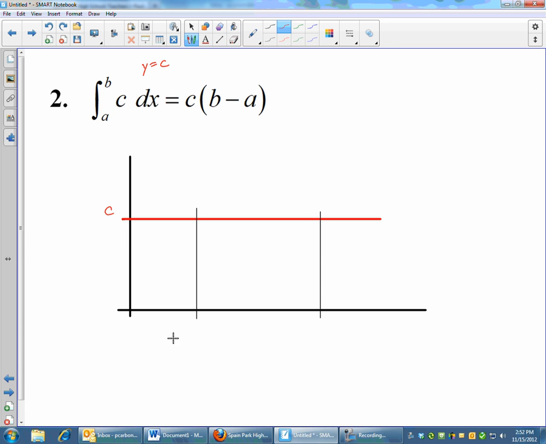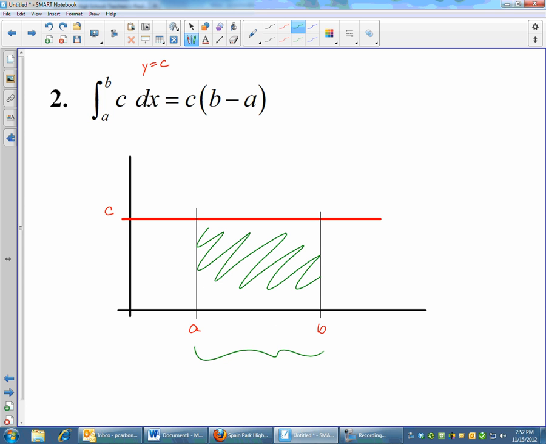Well, if you look at that area, all I've done is create a rectangle. If you want to find the rectangle's area, you multiply base times height. The height is c. The distance between a and b is simply b minus a. It's c times b minus a, because all you're doing is finding the area of a rectangle.